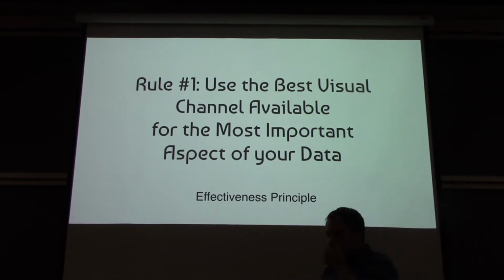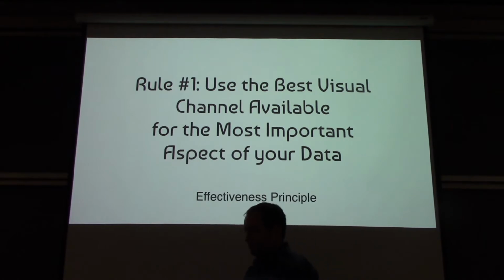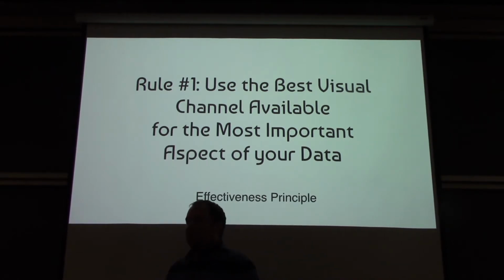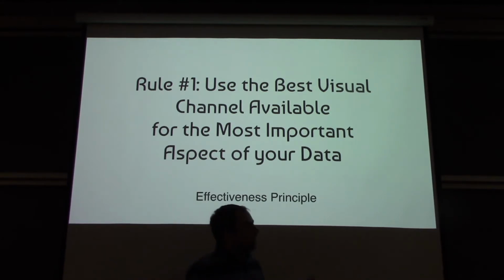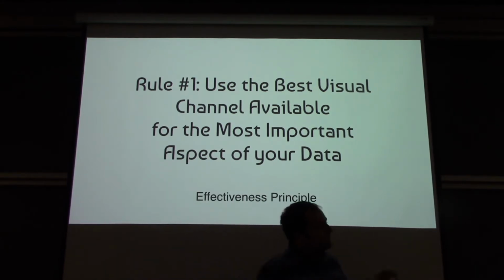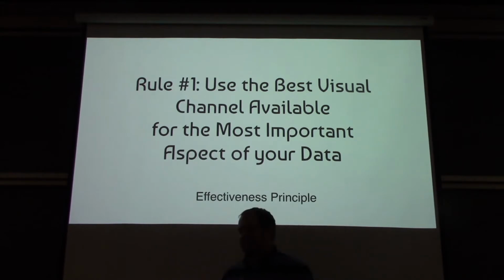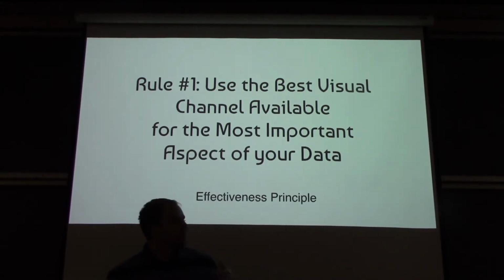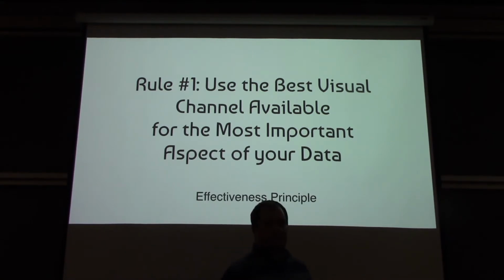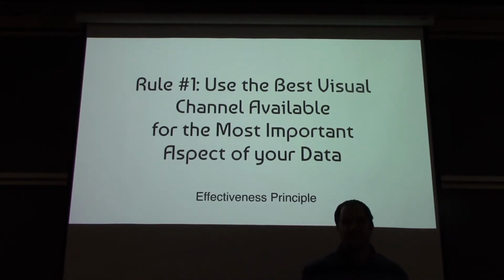And what you need to do if you want to design an effective visualization is you need to think about what is the key question that I want to answer, and which data item shows that the best. And based on that, you choose the visual channel, the strongest visual channel, which is, what is the strongest visual channel that we have?